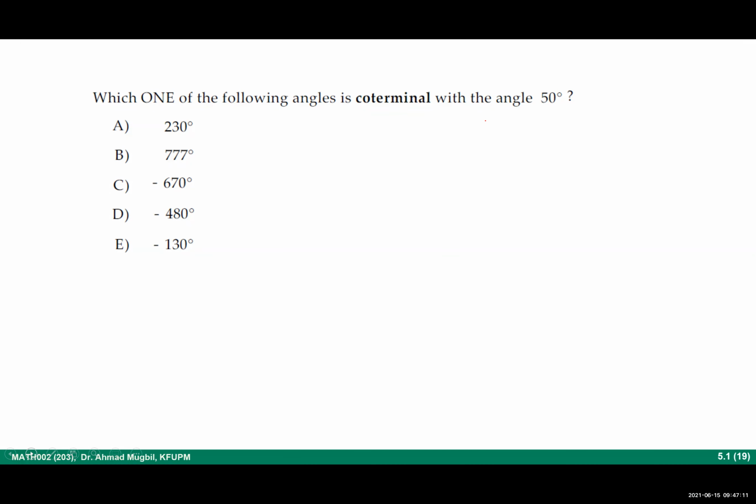One, to start with 50 or to go to the choices. But I advise you to work on 50 itself. So what you will do, you will look at 50 and you will add 360 as many times as you need and subtract it as many times as you need until you get an answer. This is the idea.